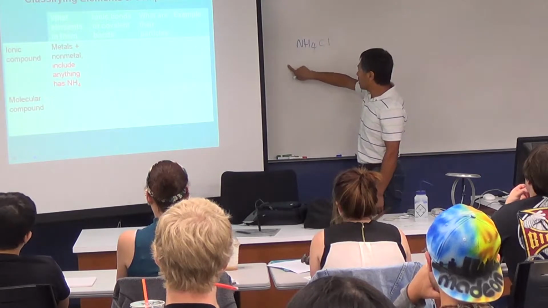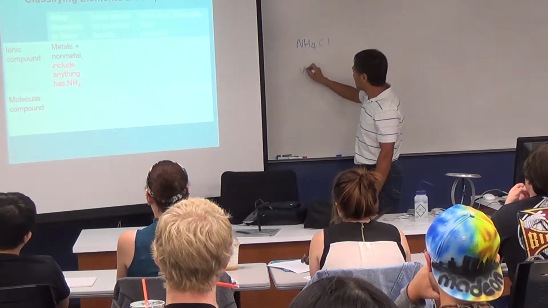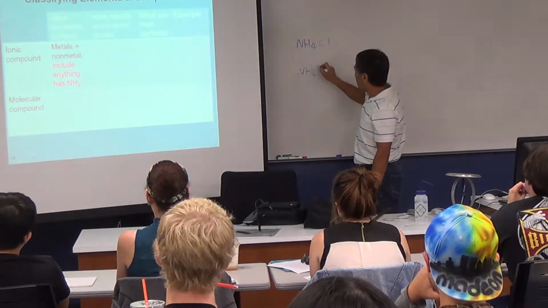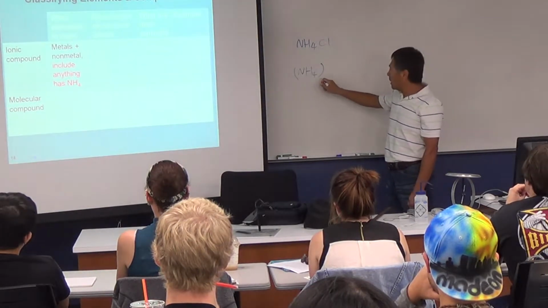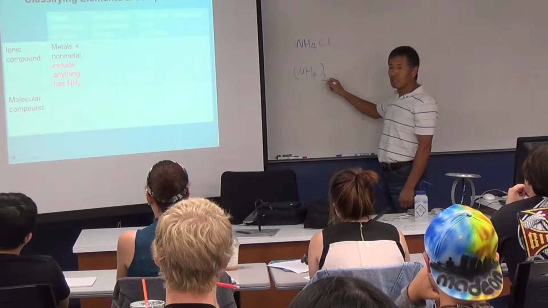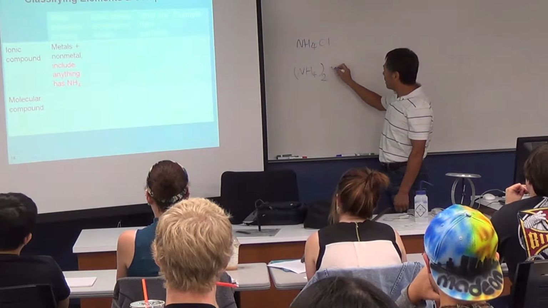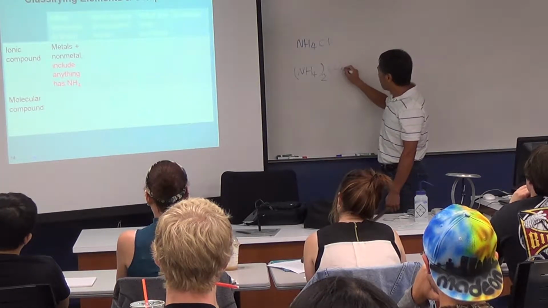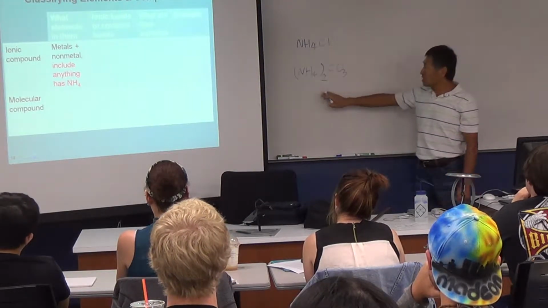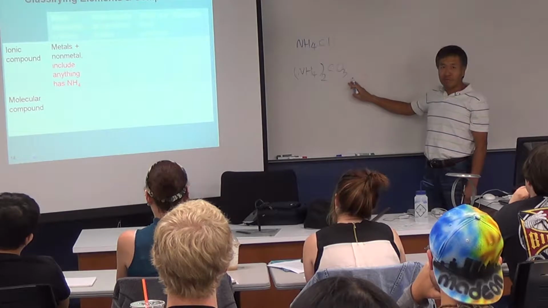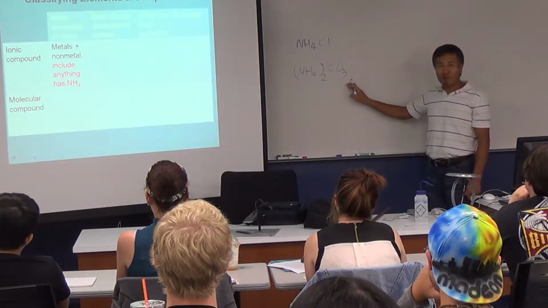But in some other compounds, I will write NH4, then parentheses, and then a subscript, and then another, also very complicated ion. You see, this is ammonium carbonate, a very, very common fertilizer.